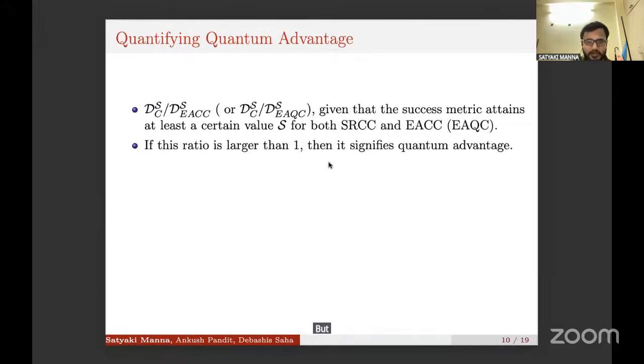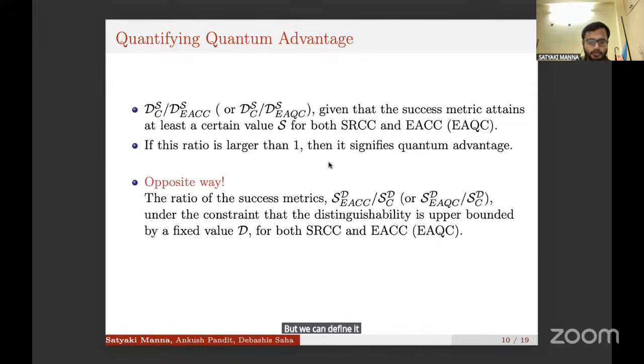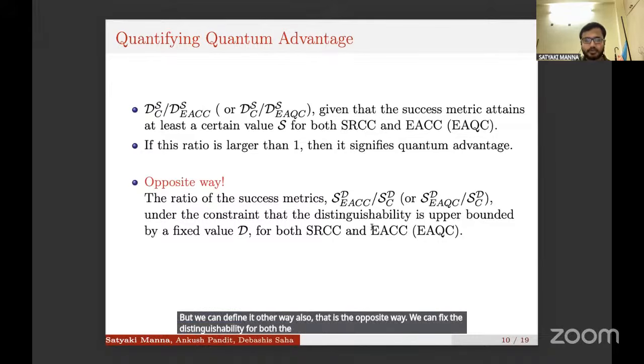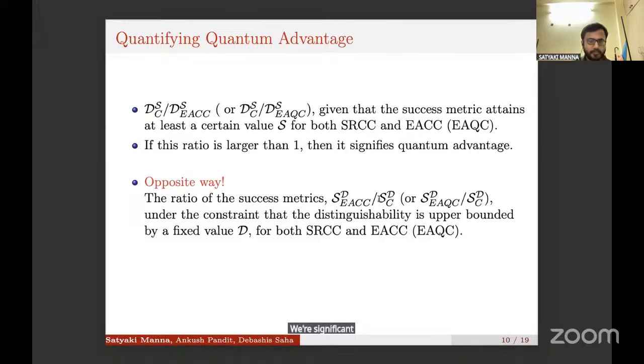But we can define it in the other way also, that is the opposite way. We can fix the distinguishability for both the communications, classical and entanglement assisted, and find out the ratio of the success probabilities of entanglement assisted communication by classical communication. Here it is also the same thing. If it is greater than 1, it signifies quantum advantage.